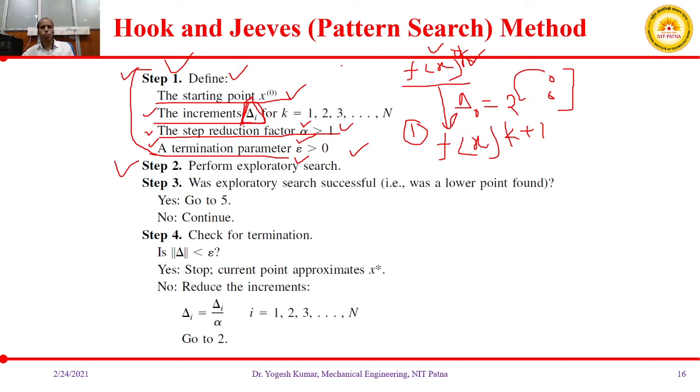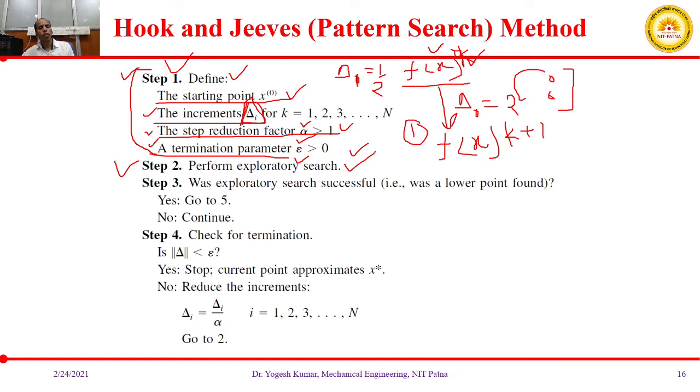Suppose you are starting from 0, then you can say delta 0, or if you want to start from 1, it does not matter, you can say delta 1 equal to some value, 1 or 2, whatever you have.